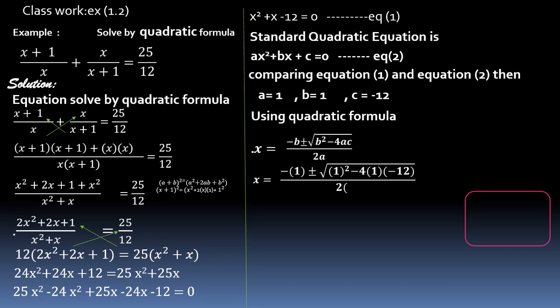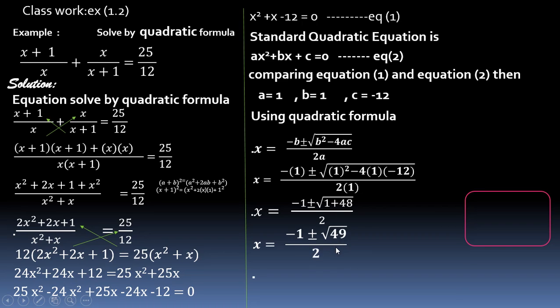Minus times minus is plus, 4 times 12 is 48. The denominator is 2 times a = 1. 48 plus 1 is 49. So x = (-1 ± √49) / 2.